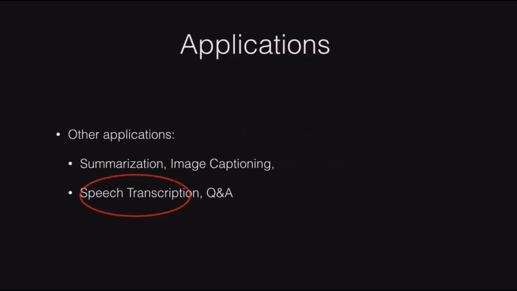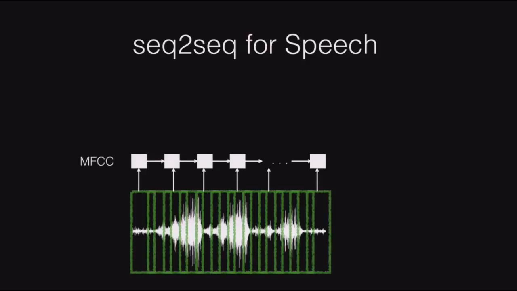Okay. Well, in speech recognition, the input could be maybe some waveforms, right? And then the output could be some words. Hi, how's it? Well, one thing that you can do is you crop your input into windows. That's the green boxes there, and then you crop a lot of them, and then you send a lot of them to an RNN.